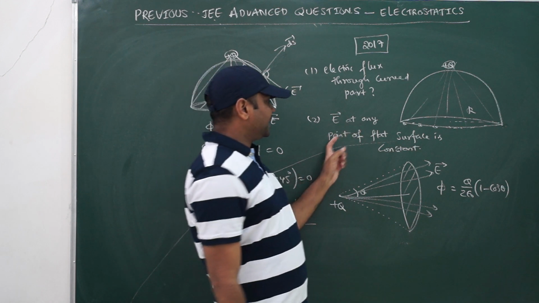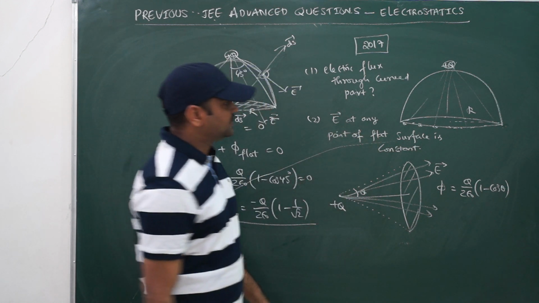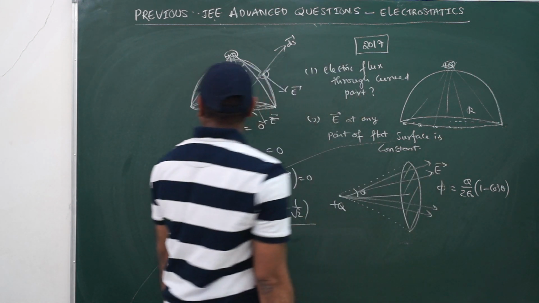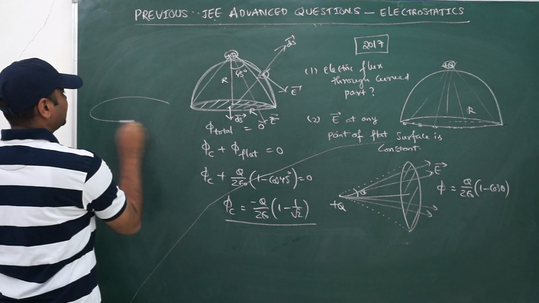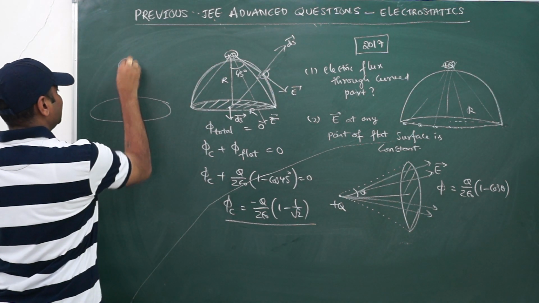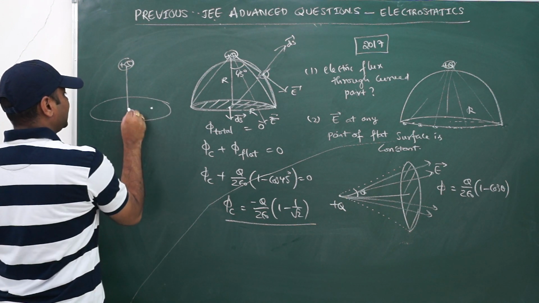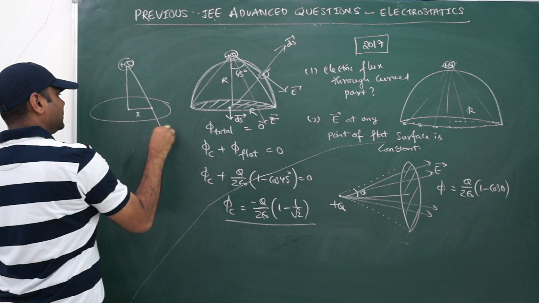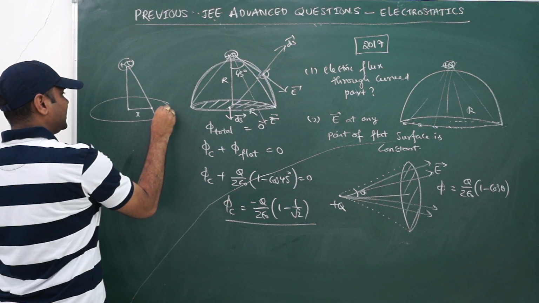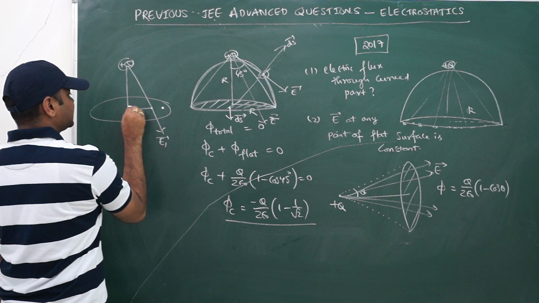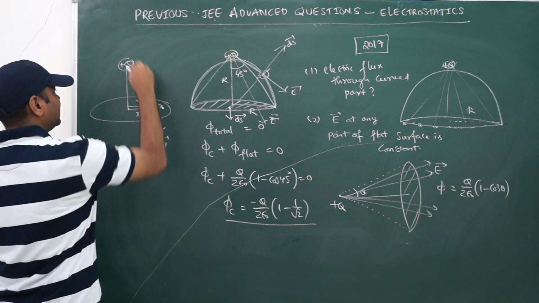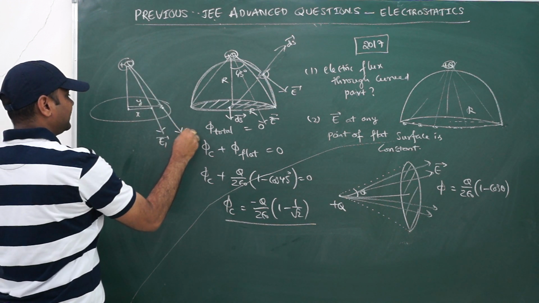Now what about the statement that the field at any point of the flat surface is constant? Obviously that's not the correct answer. Why? Because this is the flat surface and this is the charge, exactly above the center. If I take one point here at a distance of x, I will get one field value. If I take one more point at a distance of some y, I will get some other field value.